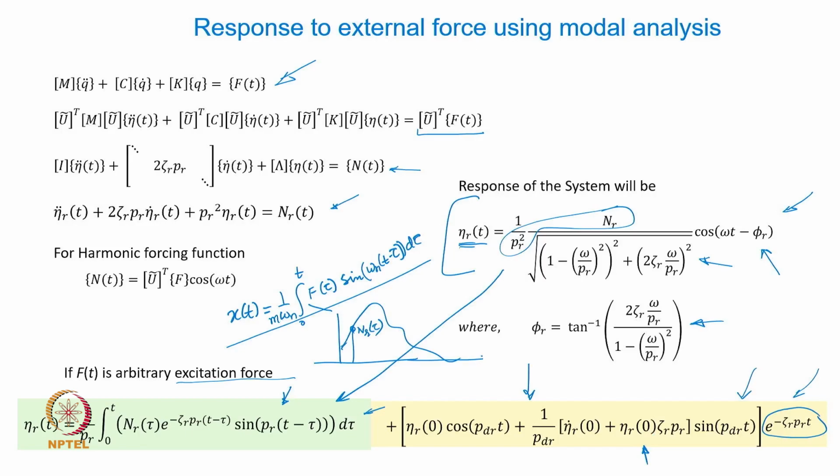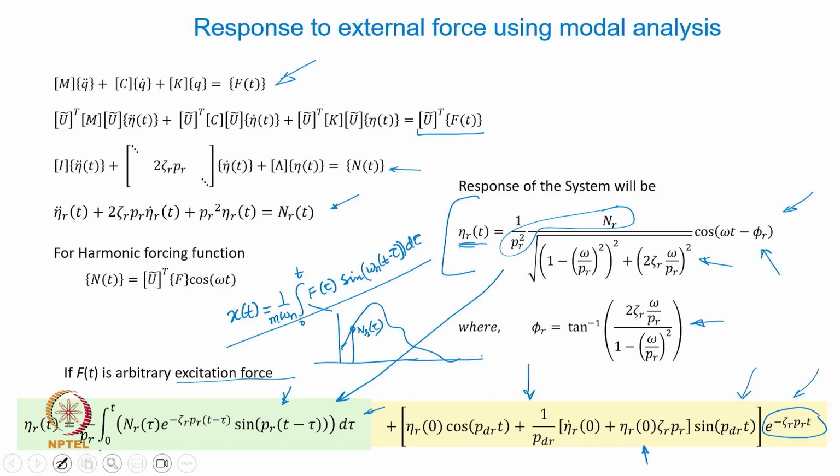Even in the case of a harmonic solution, even if there are no explicitly expressed initial conditions, we will have to theoretically write it this way and then see which part is to be included and which not. So, this is how, even for an external excitation force, modal analysis can simplify the solution process quite well.